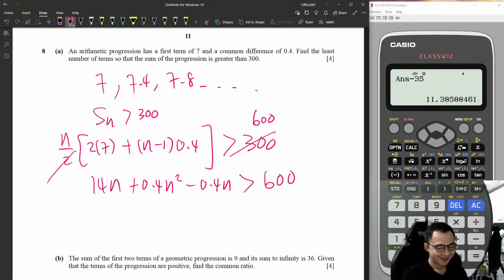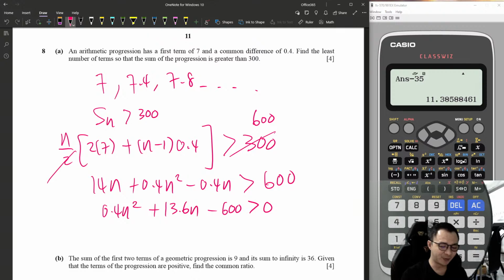I don't like decimals for my n square, but never mind. This one is 0.4n square plus 13.6n minus 600 bigger than 0.